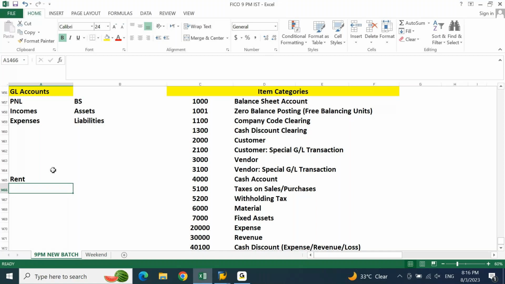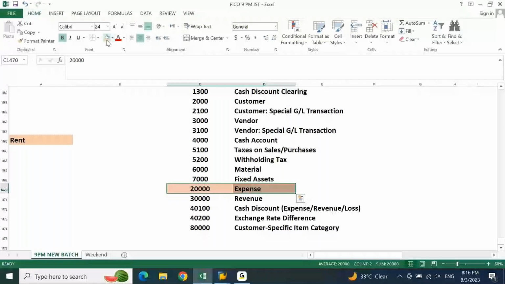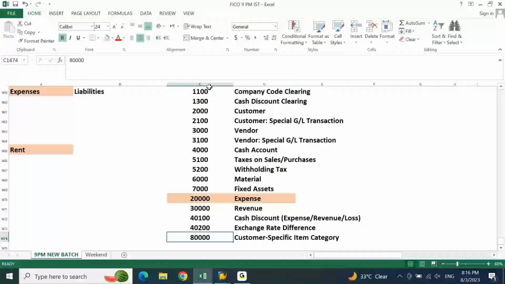Now inside expense, what kind of expense is it? Do you have any specific category in expense or not? If there is a specific category in expense, you need to map it. Currently I'm able to see only expense here. I don't find any expense relevant to rent here, so I am mapping against expense only.